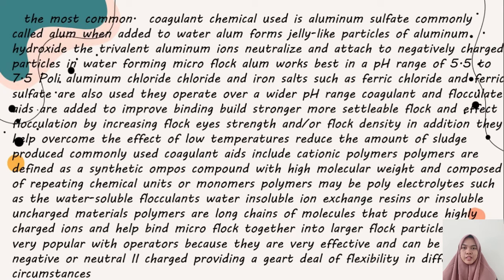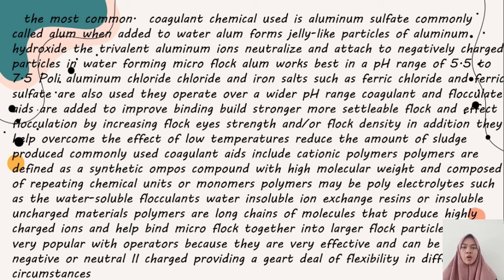The most common coagulant chemical used is aluminum sulfate, commonly called alum. When added to water, alum forms jelly-like particles of aluminum hydroxide. The trivalent aluminum ions neutralize and attach to negatively charged particles in water, forming microfloc.